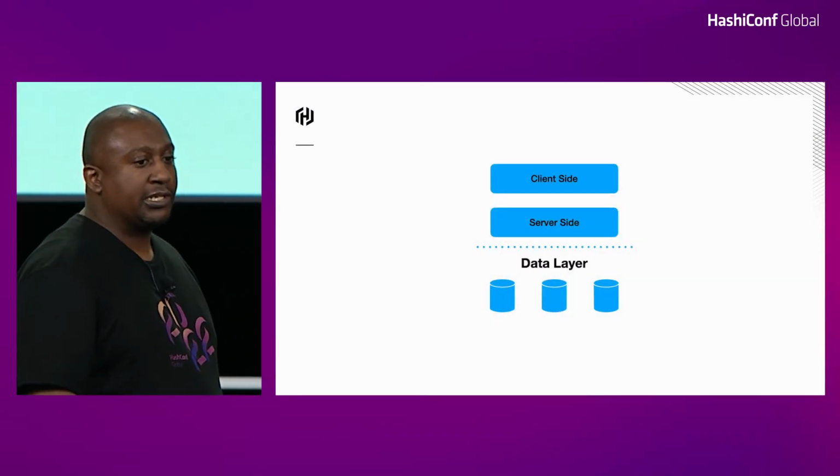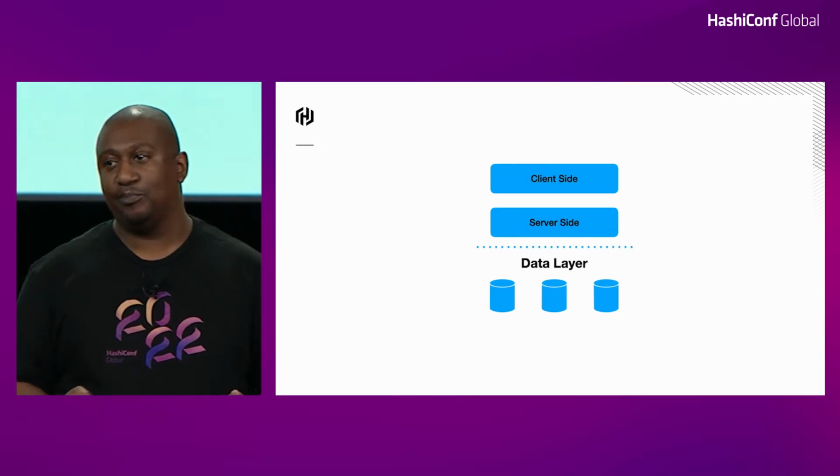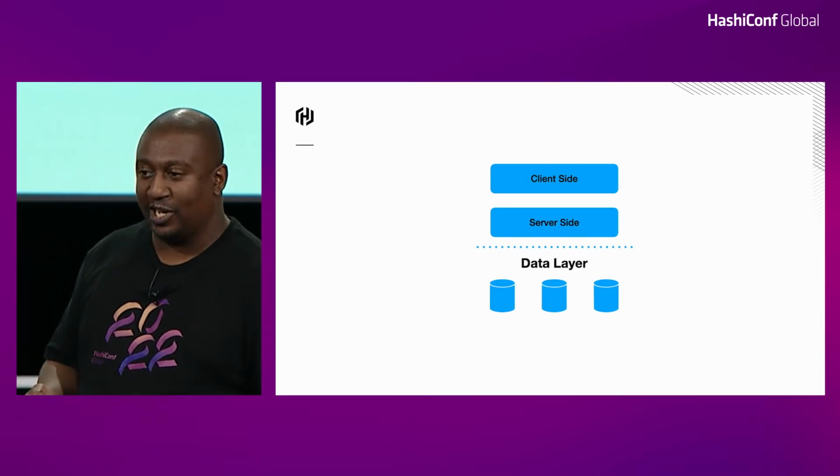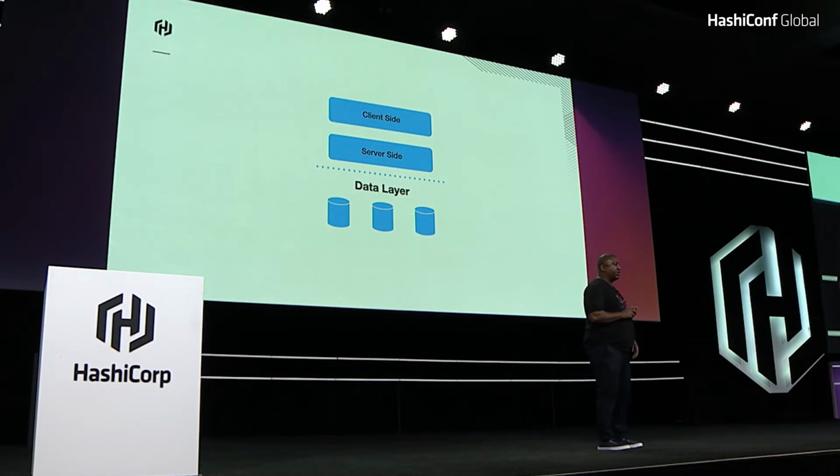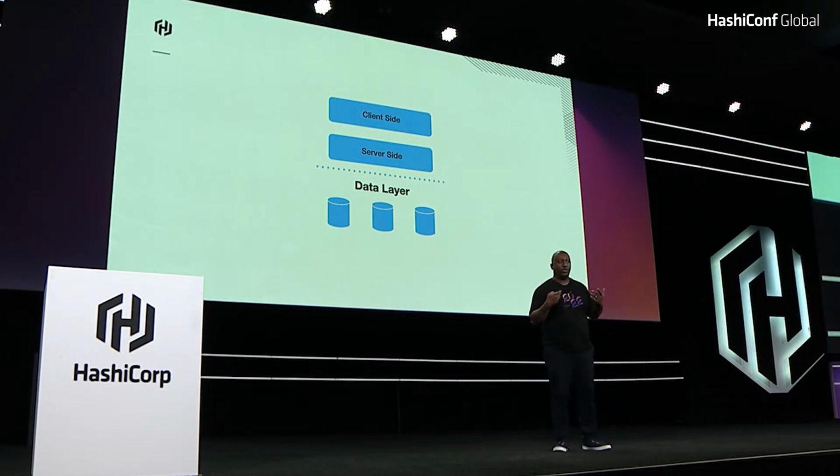So let's look at this in a practical example. Here we have a very, very simplistic representation of an application. I'm pretty sure the people in this room are dealing with application stacks that are far more complex than this. But for the sake of just illustrating this, we'll go with the simplistic view. So we have the client side of our application. Typically this is what our customers, our target users, will use to interact with our applications.